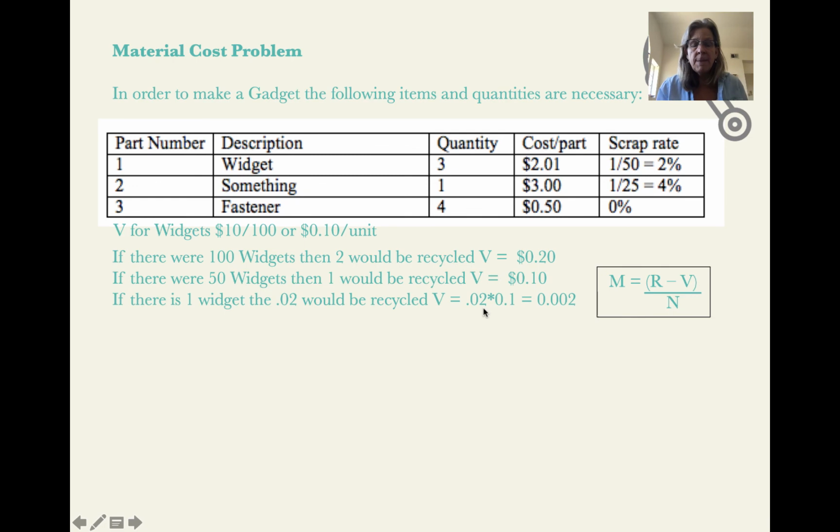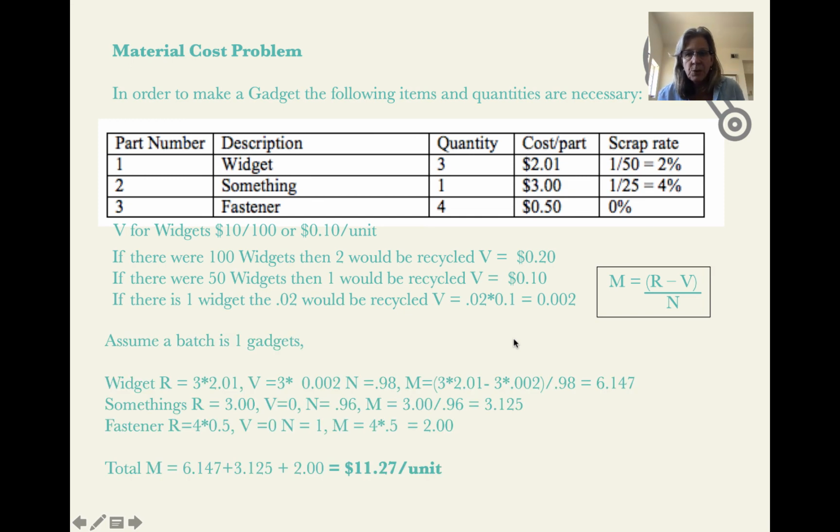So the recycling revenue is 0.02 times 10 cents, which is 0.2 of a cent, or $0.002. We're defining our batches as 1 unit, so we need to use this number for the calculation of the V value.